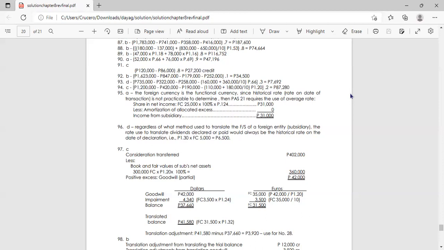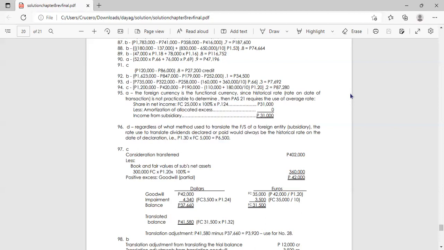Number 92, what amount will be included in the consolidated financial statements as income to non-controlling interest? So number 92 is the amount of 34,500.